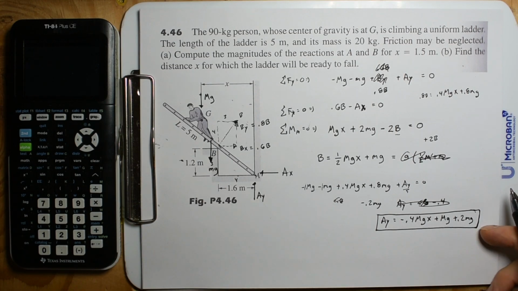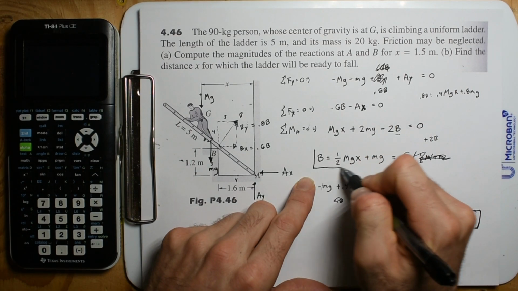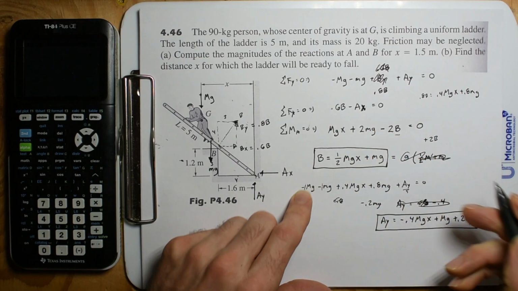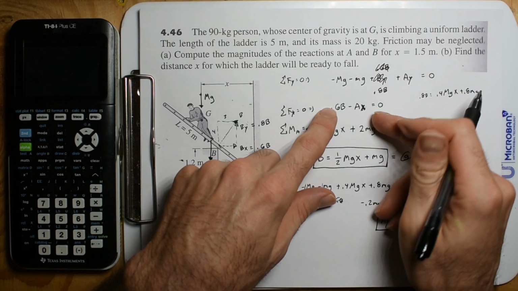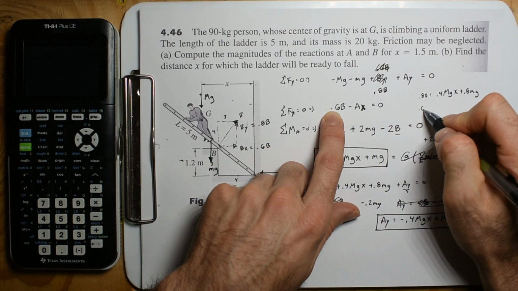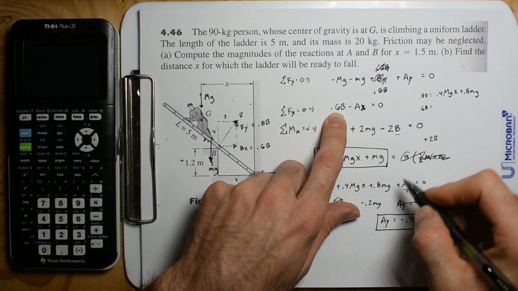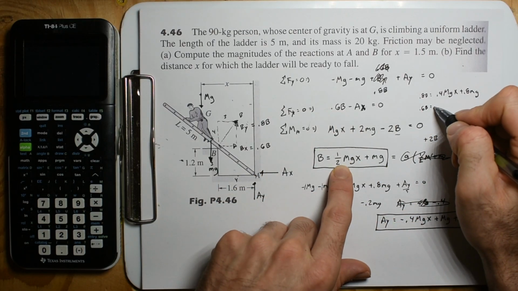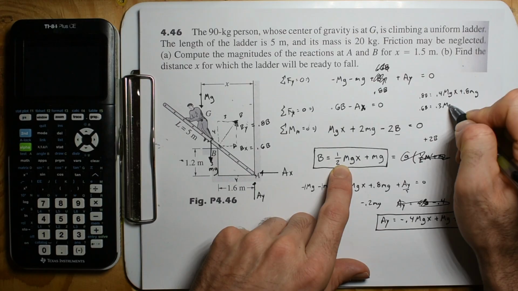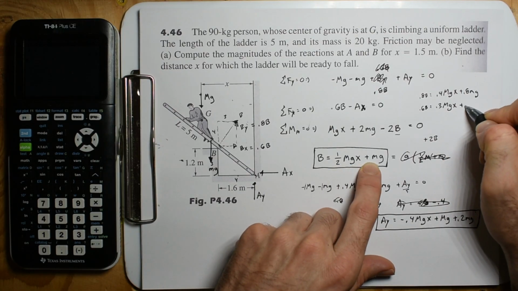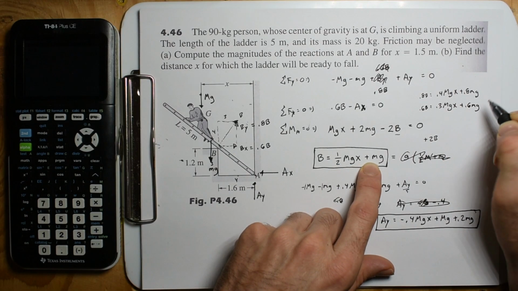And then we could put this into our calculator. Let's probably just do that. We could do this in Excel as well. Here's an equation for B as a function. So now we just do this. 0.6B is going to be 0.6 divided by 2 is 0.3 mgx plus 0.6 mg.